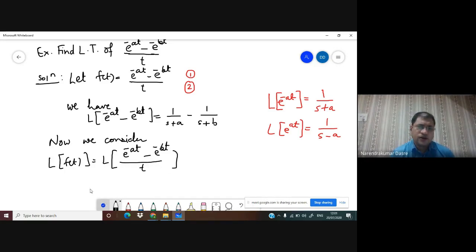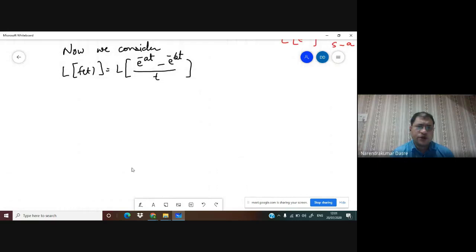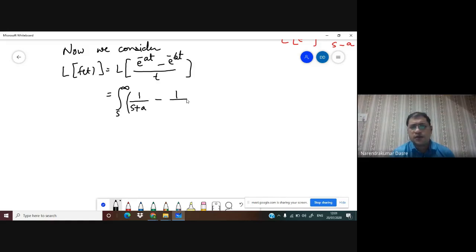And hence, due to the property of division by t, I'll have the integral from s to infinity of the Laplace transform of the numerator, so 1 upon s plus a minus 1 upon s plus b, ds.